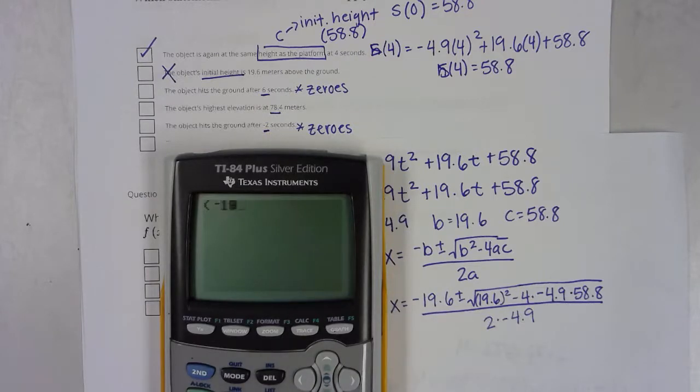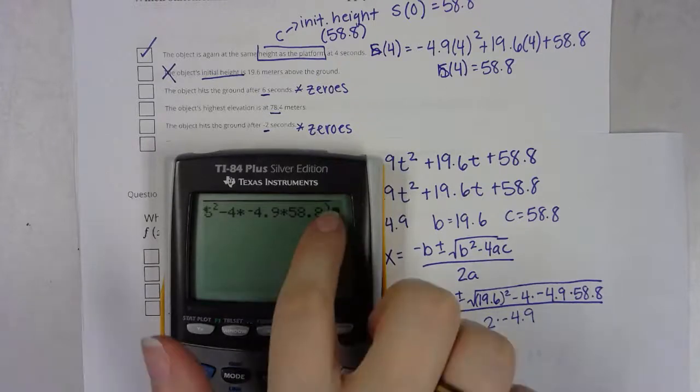So I have negative 19.6 plus the square root of 19.6 squared minus 4 times negative 4.9 times 58.8, close parentheses.